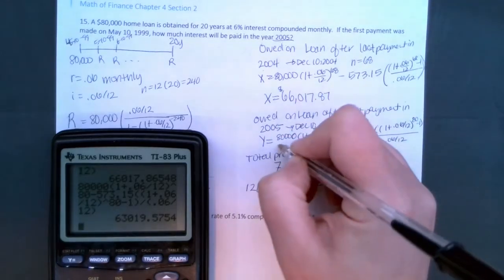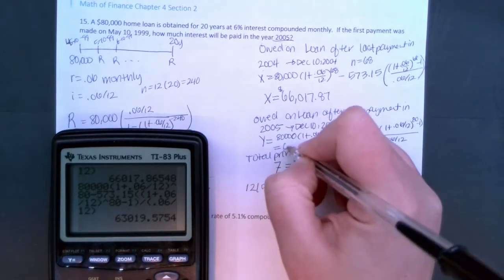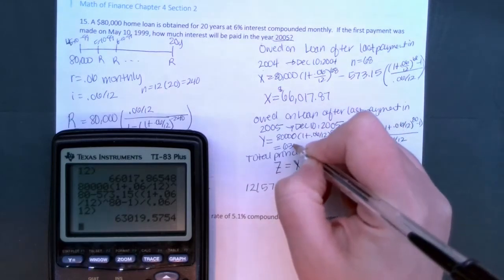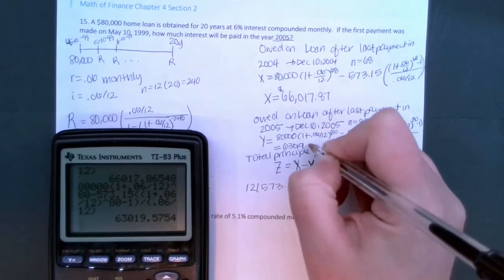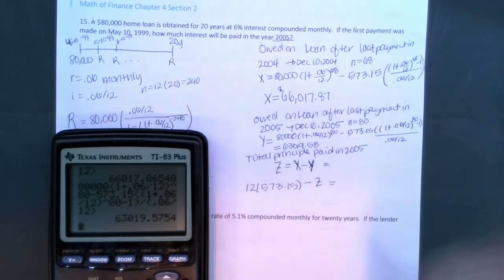That's what I just entered. And when we did that, we got $63,019.58, rounding to the nearest penny.